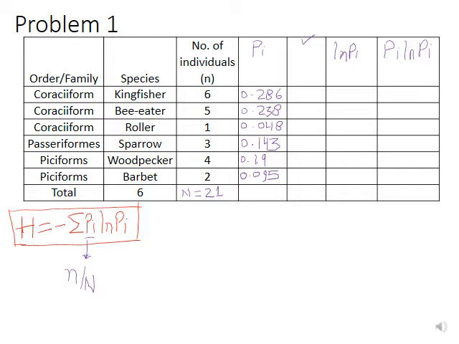Take the log of the pi values. See, in the calculator you will find one option for log values and one for ln values, which means natural logarithm. For 0.286 it is minus 1.252.